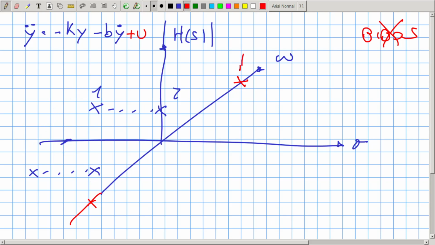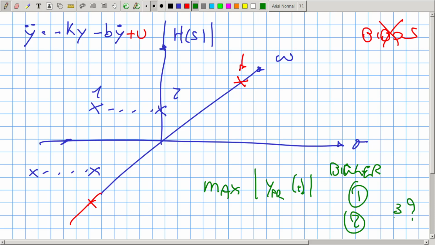Given the same U, the maximum modulus of the forced response Y of t, will it be bigger for system 1 or for system 2, or do you not know? System 1 is with more friction, and system 2 is with less friction.